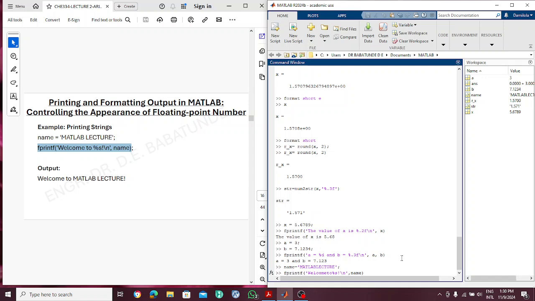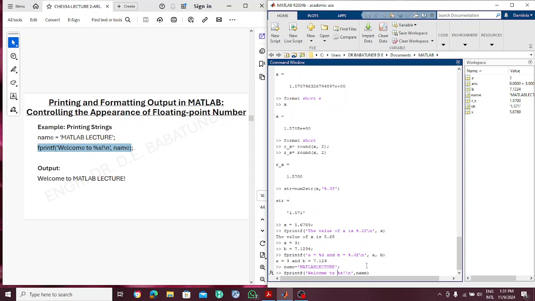Okay, so instead of putting MATLAB lecture, because it could be anything, that variable could change, we just include a placeholder that is appropriate for it. In this case, it's going to be a string, which is denoted by %s.